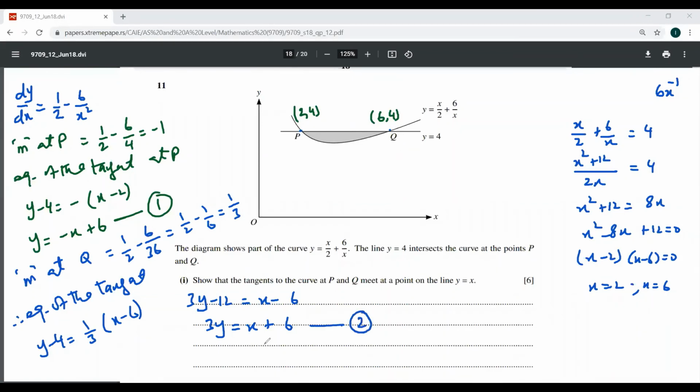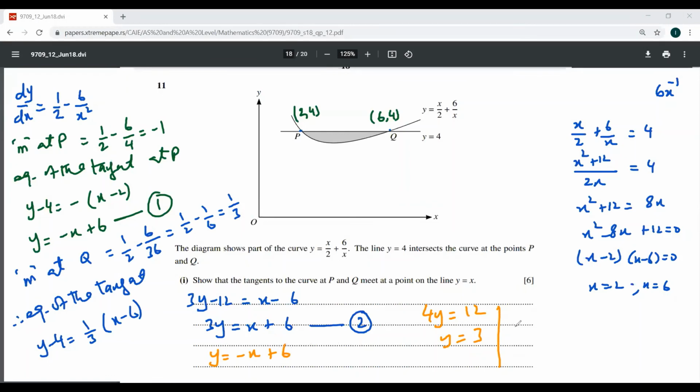Let us solve them simultaneously. I'll be writing the other equation under this and adding them together. This is y equal to minus x plus 6. So this gives me 4y equal to 12. So your y equal to 3. Let's put that into any of these equations, maybe equation number 1.